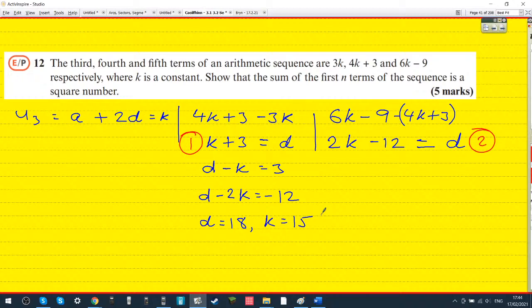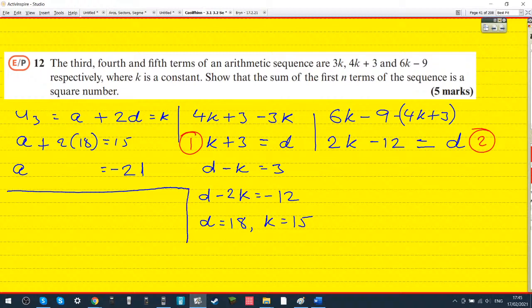A plus 2D equals K. So A plus 2 times 18 equals 15. So 2 times 18 is 36. So A plus 36 equals 15.